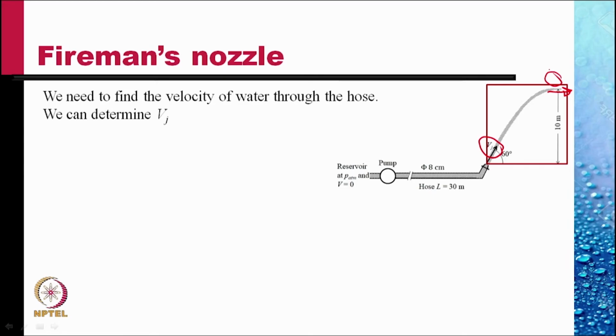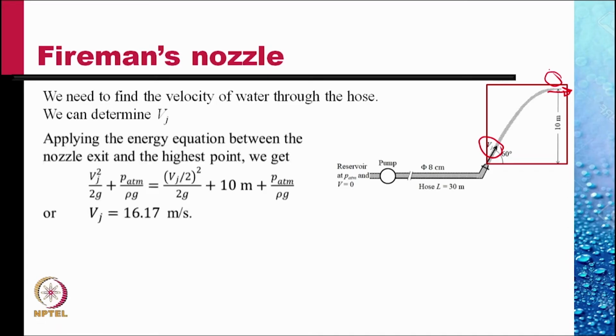We can apply Bernoulli equation between these 2 points. The pressures at the 2 points are the same, atmospheric, but there is a difference in elevation, and that difference in elevation is 10 meters. Applying the Bernoulli equation, we get the jet velocity to be 16.17 meters per second. Now, this should be the velocity through the hose.